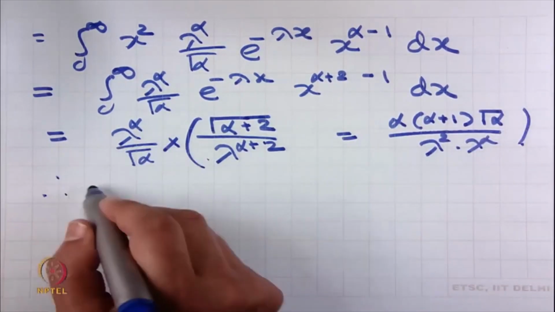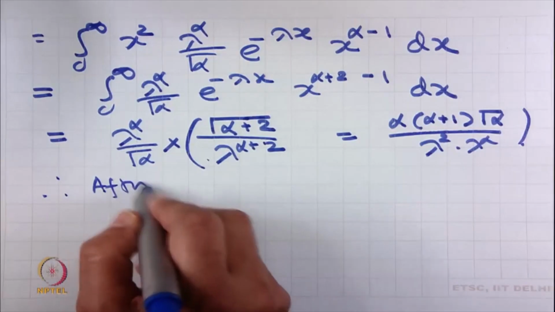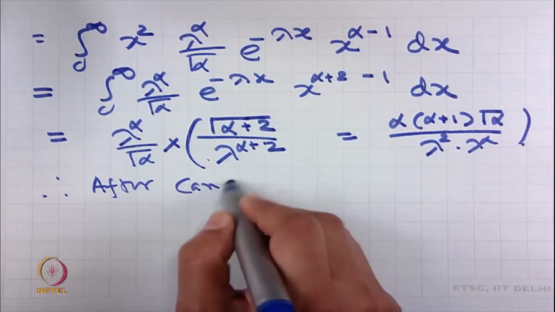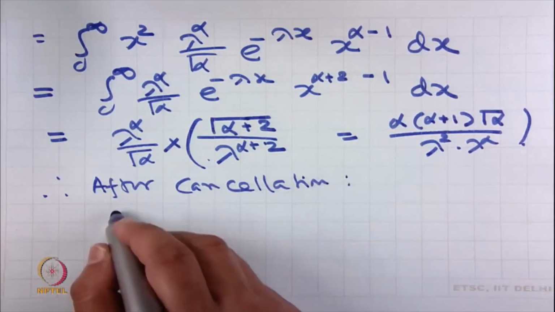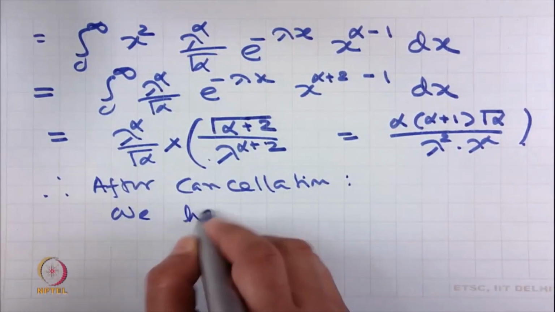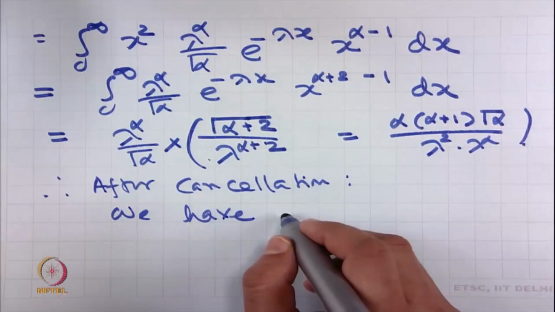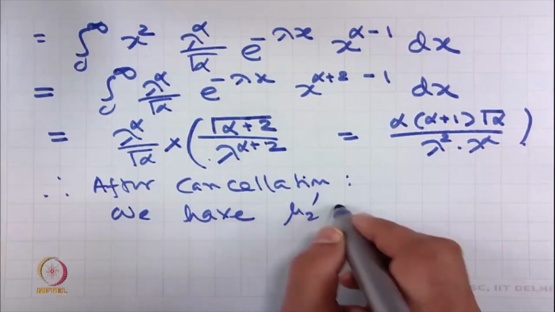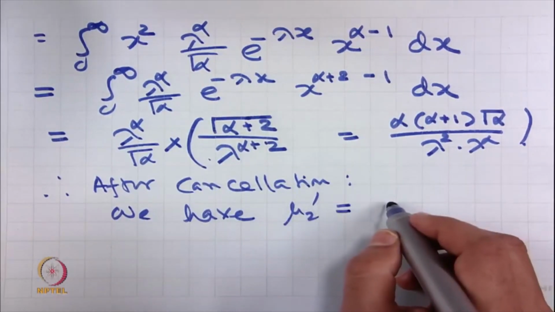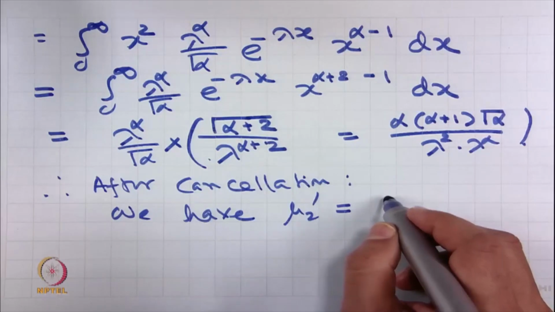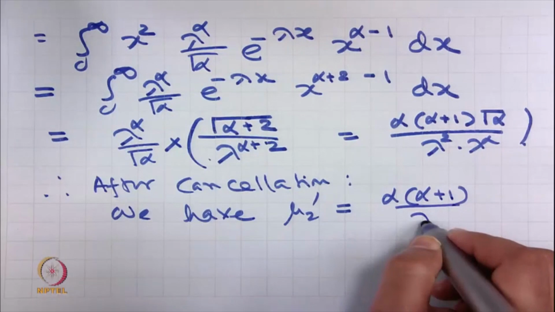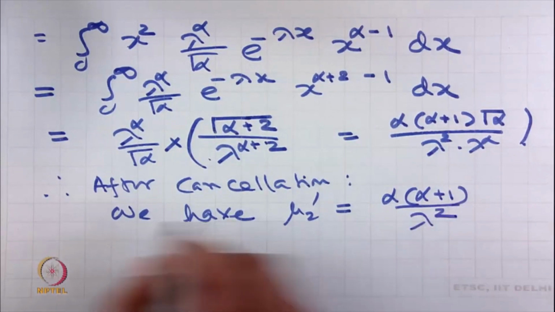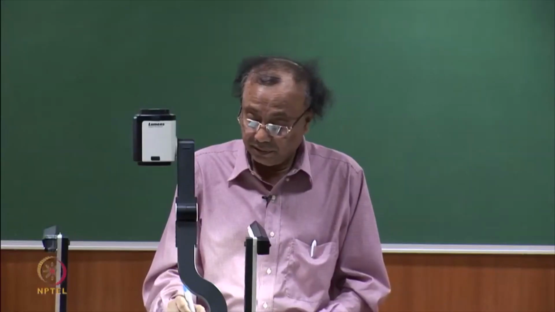Therefore, after cancellation we have mu 2 prime equal to alpha into alpha plus 1 upon lambda square.